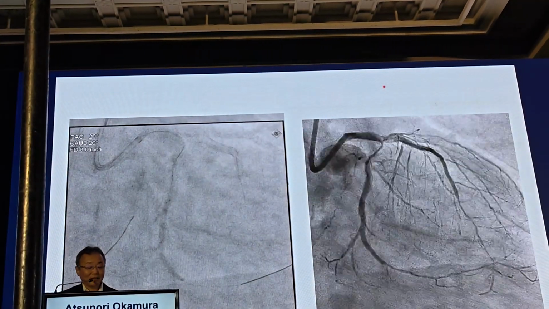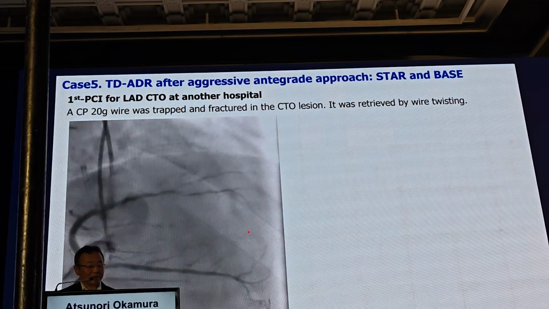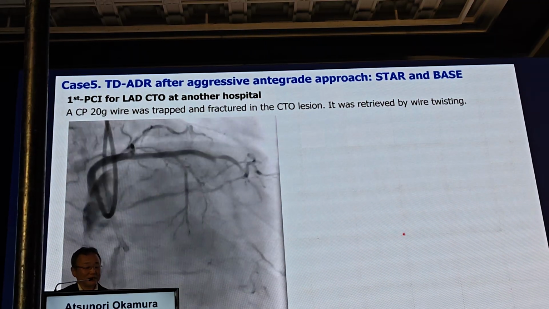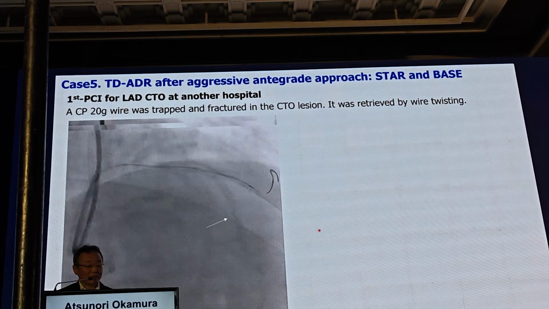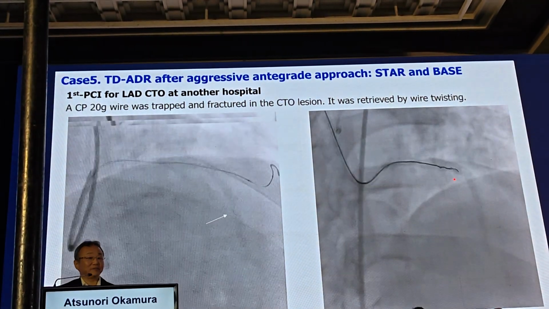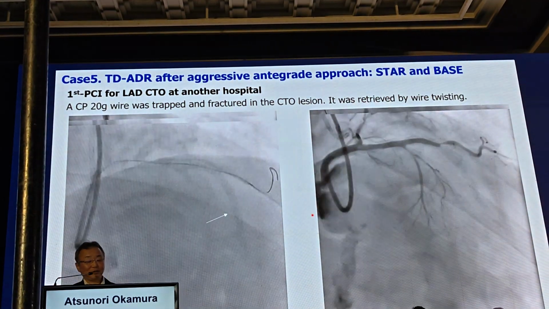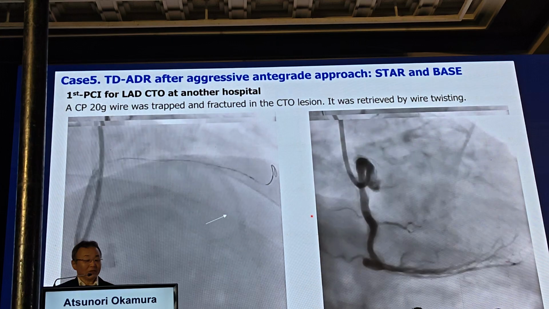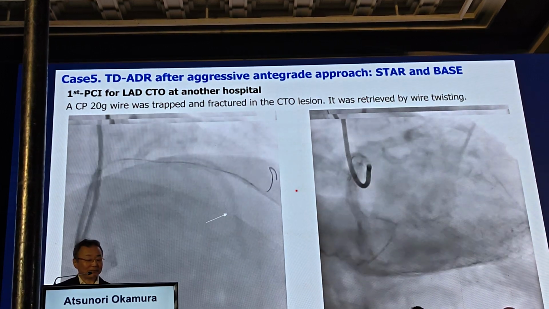And the final case is a very calcified LAD CTO region. Very calcified. The PCI was performed at another hospital, but the Conquest wire was fractured. But they could retrieve it using the twist wire. But the patient was sent to our hospital to receive the intervention, and there were no retrograde channels.